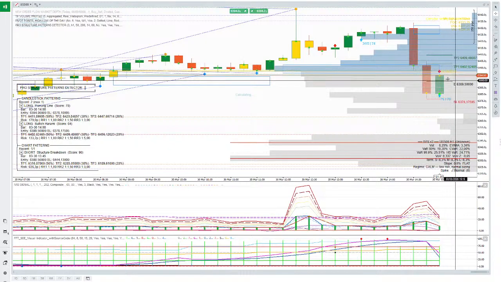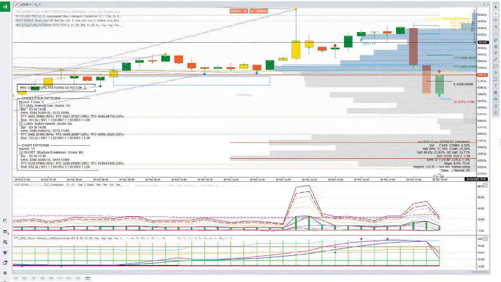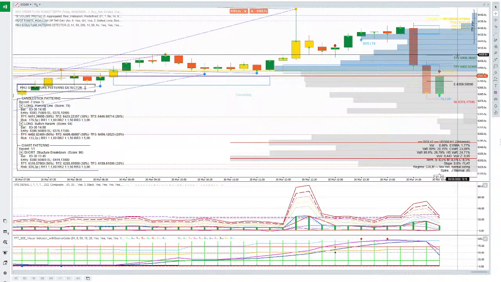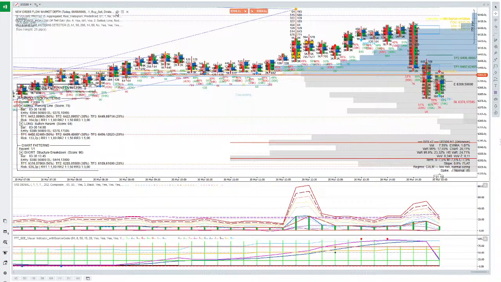The thing is that we are not going above this, and probably that would happen in the next 15-minute candle. Now I can put it on the new order flow. I see that in the order flow there is a negative 2K imbalance.